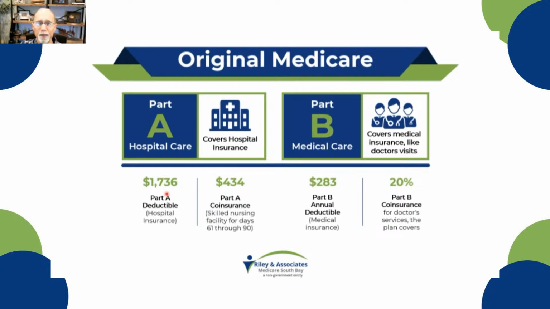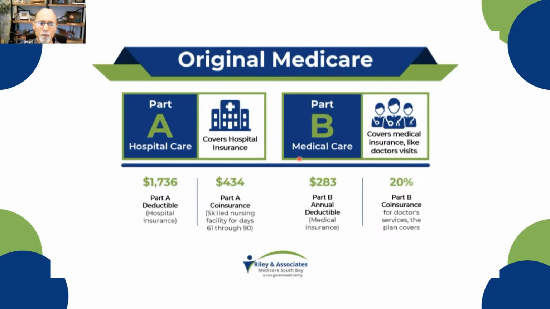That goes up a little bit each year generally. And then you also have a copay that you would pay if you're in the hospital for 61 days or more, or skilled nursing. So that's important to know. Those are some of the out-of-pocket costs that original Medicare does not cover, which we'll show you how to cover in a couple options here.